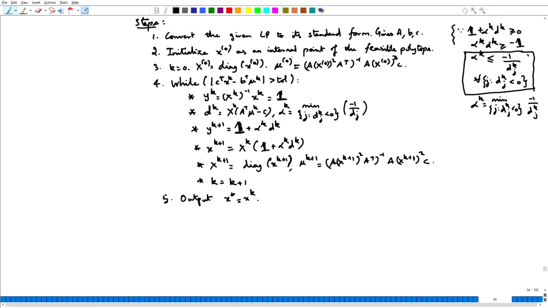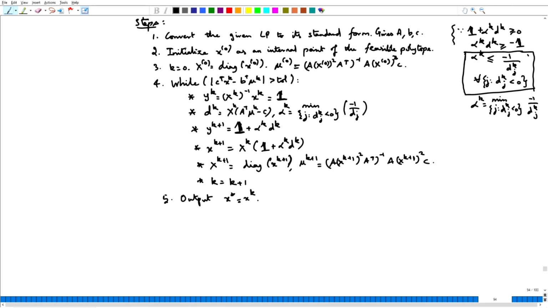So, those are the initializations, or initial computations, and we go into the loop now. The loop only consists of centering, movement along a descent direction that also ensures that the resultant point is within the feasible set.